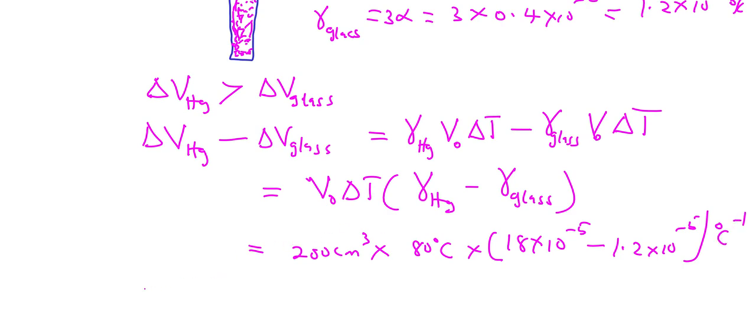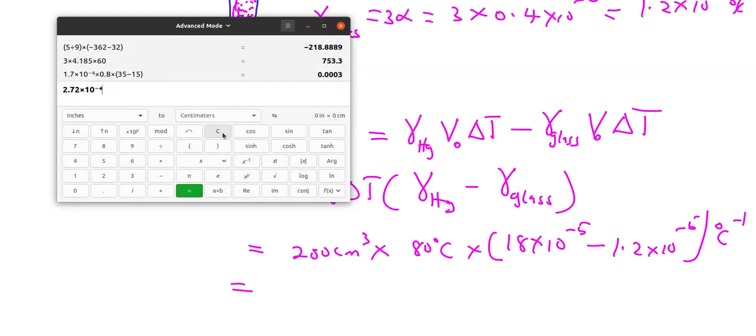If you take out a calculator again, 200 multiplied by 80, then multiply by 18 times 10 raised to power minus 5, minus 1.2 times 10 raised to power minus 5, close the bracket.